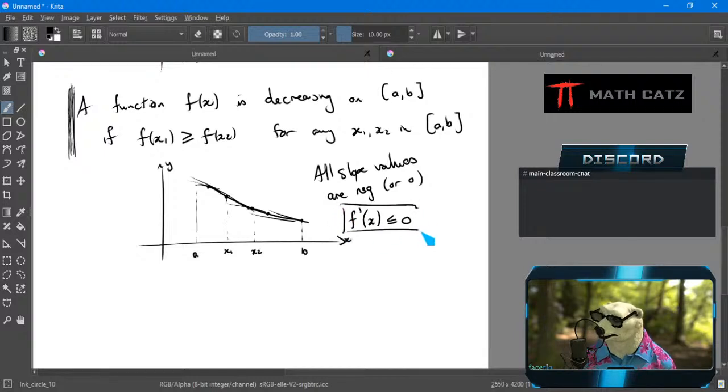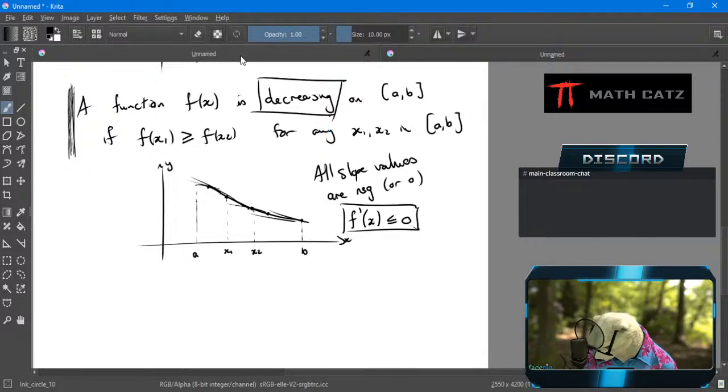So again, for increasing decreasing behavior, this means that I just need to check where is the derivative. I'll just relax and say always positive, negative, understanding that 0 is okay. Where is the derivative positive? Where is the derivative negative? And then I'm going to have the answer to where it goes uphill, where it goes downhill.